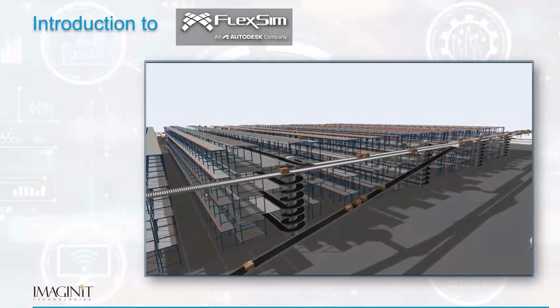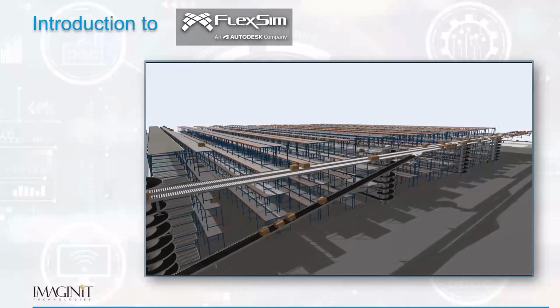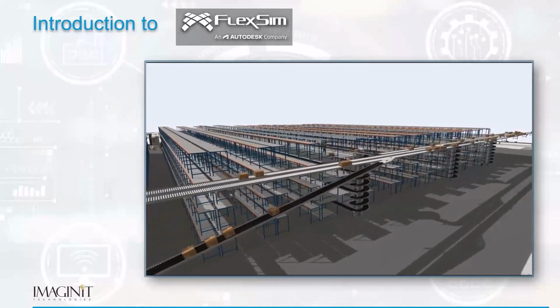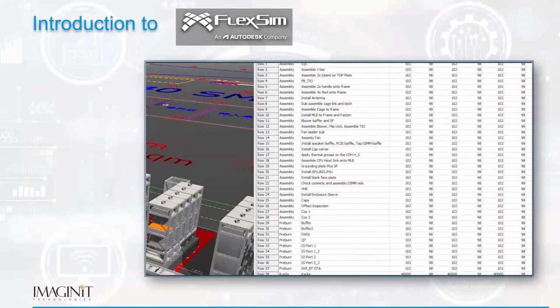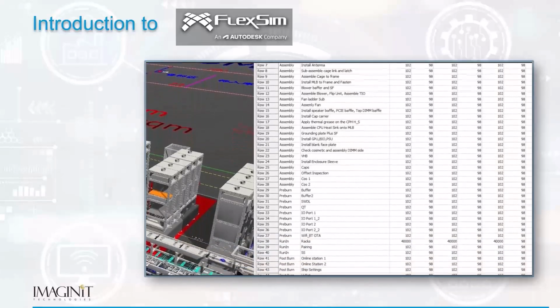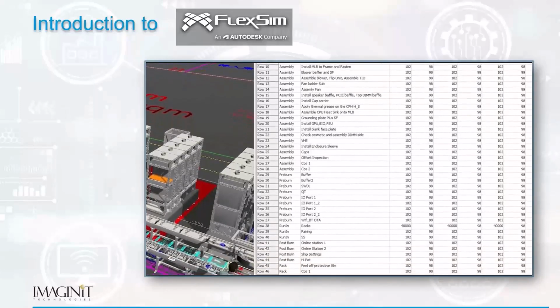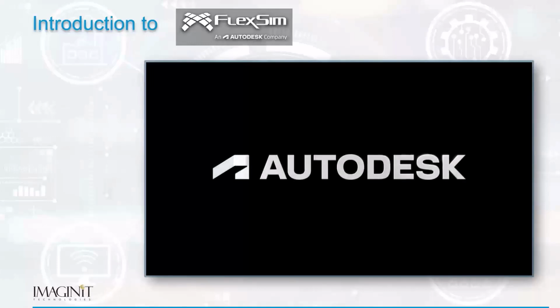The combination of drag and drop 3D technology and innovative logic building allow you to model any system quickly and efficiently. Then you can bring your real world data into FlexSim directly from Excel or a database. You can use this data, the latest available data, to make accurate predictions about future productions of your system.